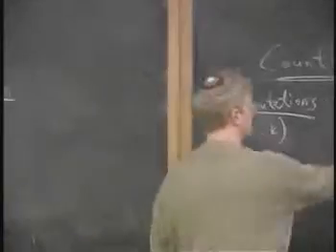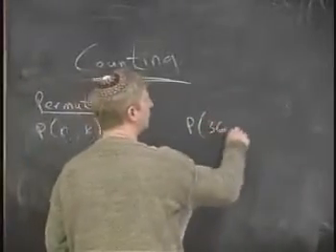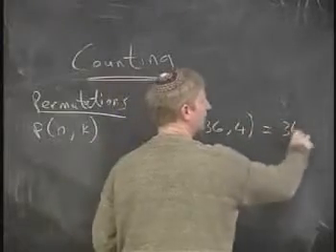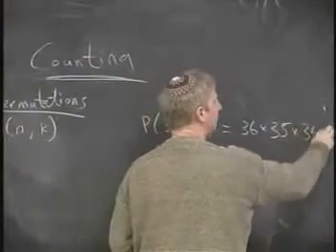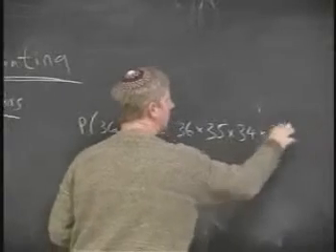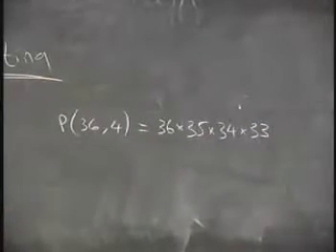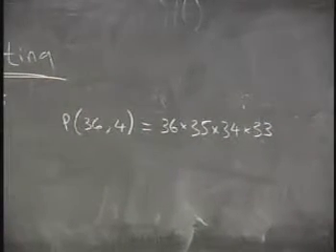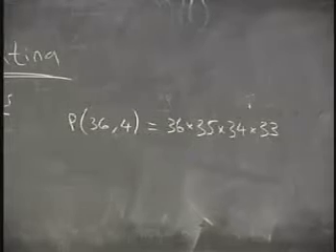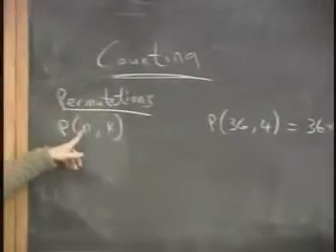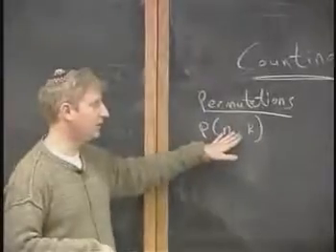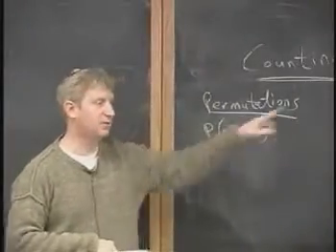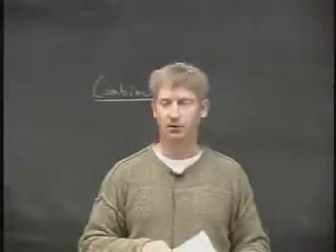So for example, P(36,4) equals 36 times 35 times 34 times 33. No division, because I absolutely care about who comes first. We just did that problem. This is a general way of writing it for any n that you start with and any k that you're choosing. And we're going to come up with a formula for this now that we understand the principle for the particular case. Questions?